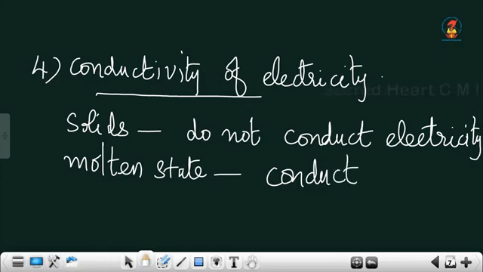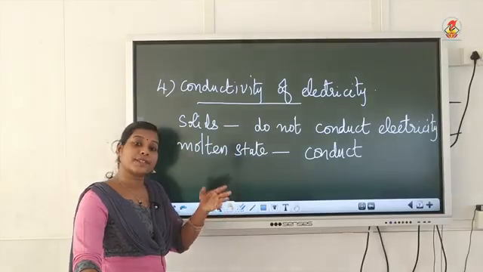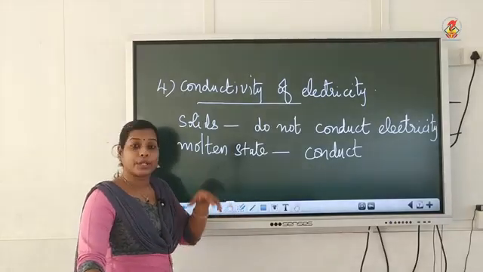So, in the case of ionic compounds, in solid state they do not conduct electricity, but in molten state they will conduct electricity. Okay. Then, dissolved in water: some salts, I told you, are soluble in water. So, they form solutions.